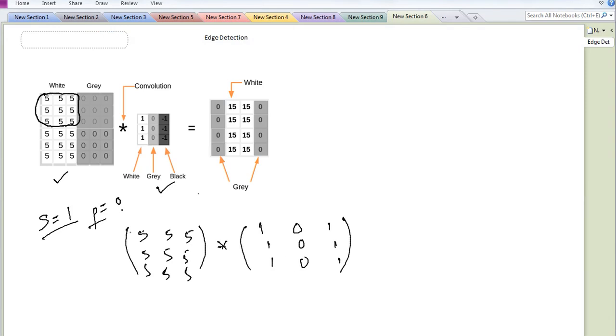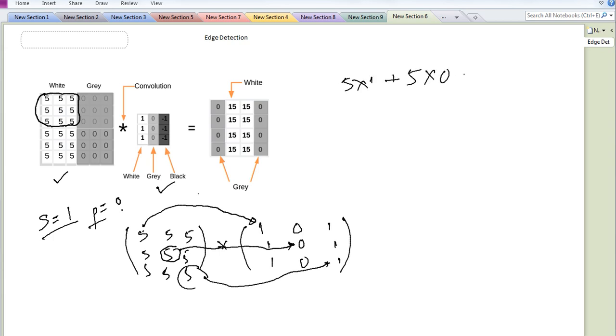So each 5 is multiplied with the corresponding value in the filter. It will be like this: 5 into 1 plus 5 into 0 plus 5 into 1. This is the first row.